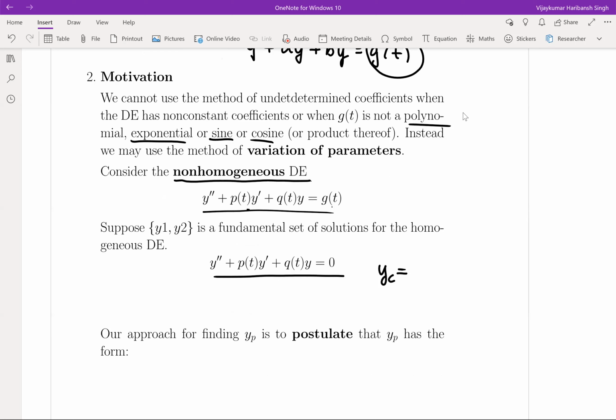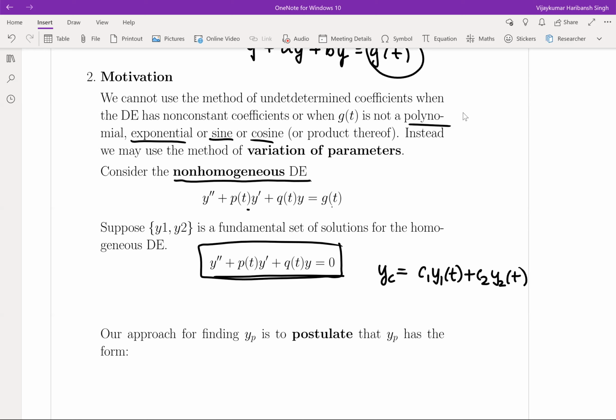It was the solution to the homogeneous differential equation you get from setting g of t equal to 0. So we got the complementary solution c1 y1 of t plus c2 y2 of t. And now we want to find yp, which is a particular solution.